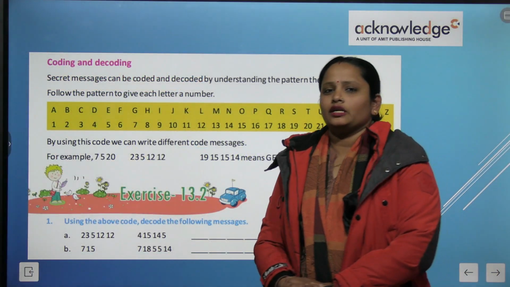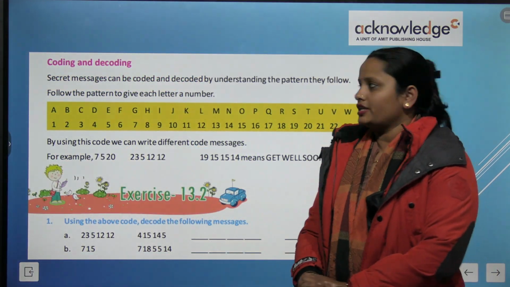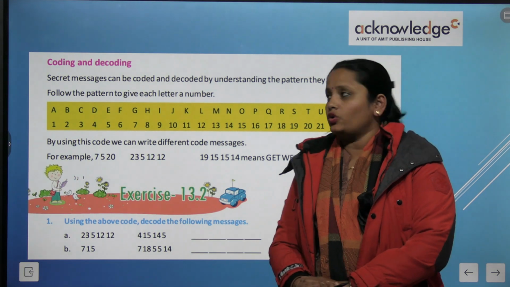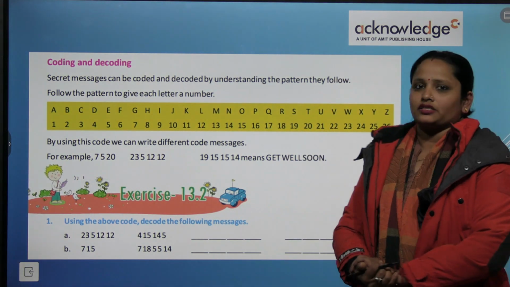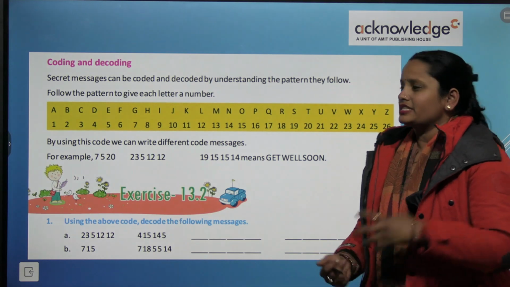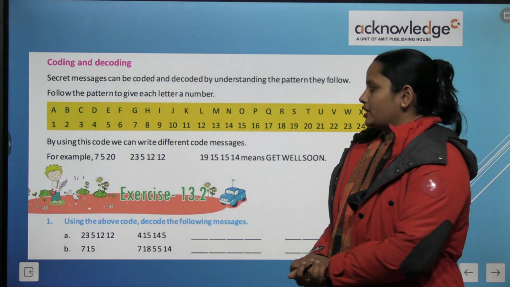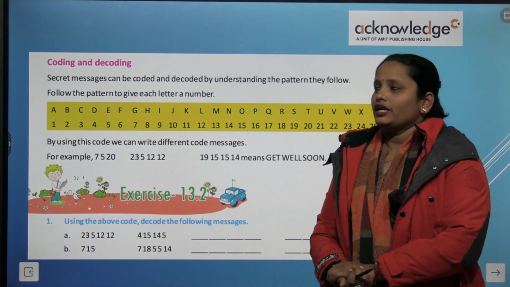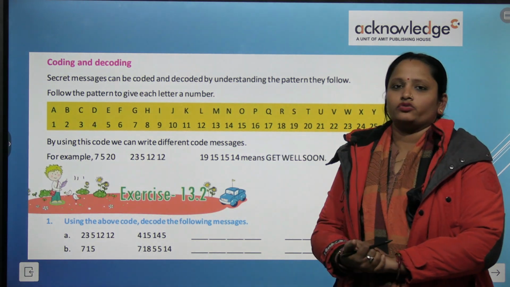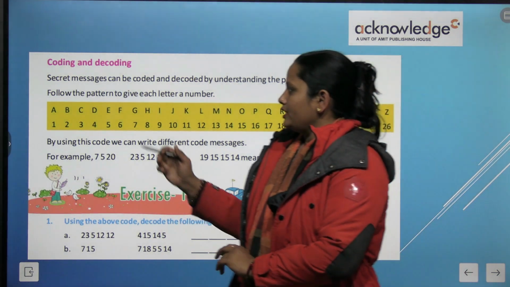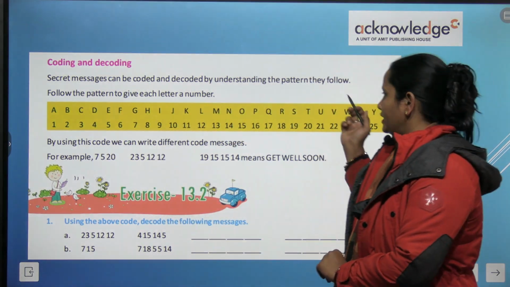Now children, let's learn about coding and decoding. Secret messages can be coded and decoded by understanding the pattern they follow. So कुछ secret messages हैं जिसे हम कोड कर सकते हैं या फिर डिकोड कर सकते हैं. कैसे? कुछ पैटर्न को फॉलो करके. फॉर एग्जाम्पल यहाँ पे A से लेके Z तक लिखा हुआ है.